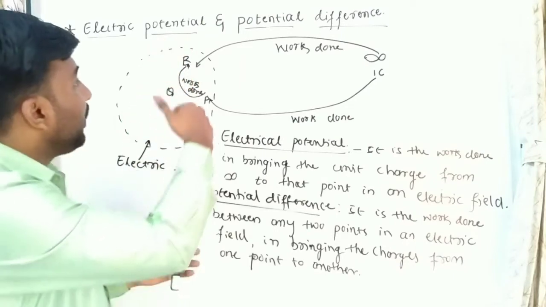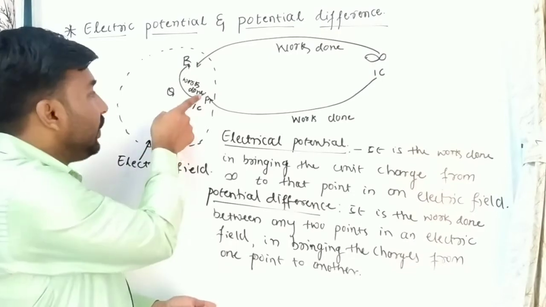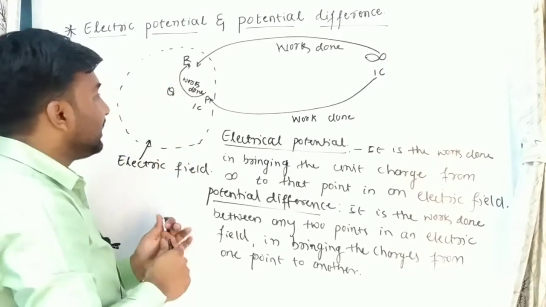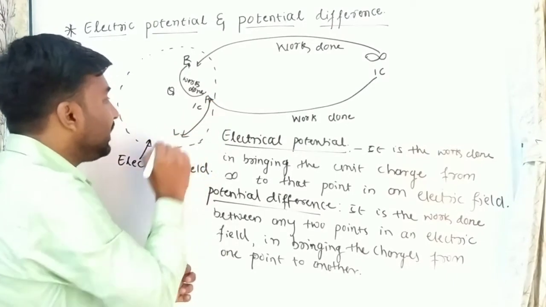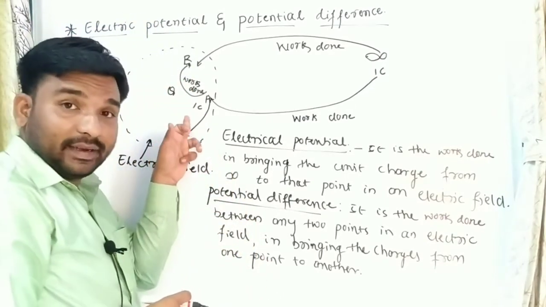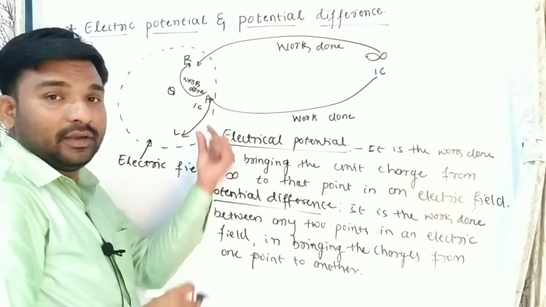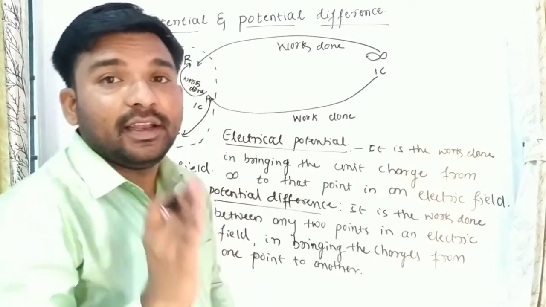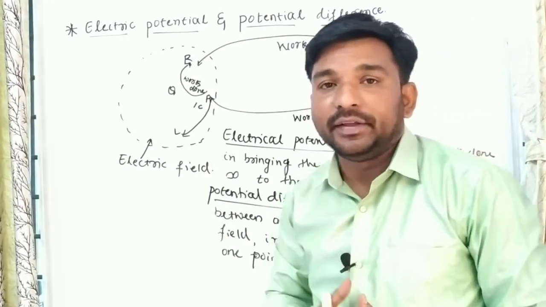Potential difference is when, if you consider any 2 points in the electric field, say P and L, and transfer the charges between them, the work done to move the charges from one point to another is called potential difference.